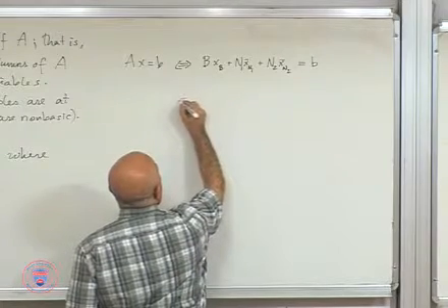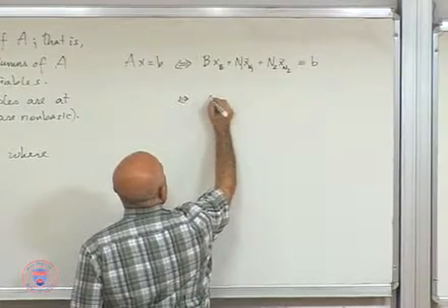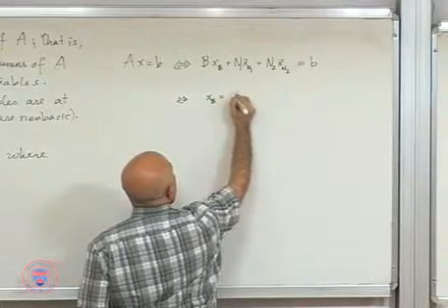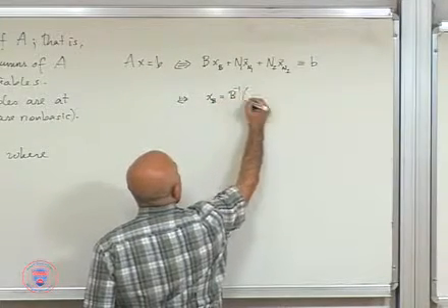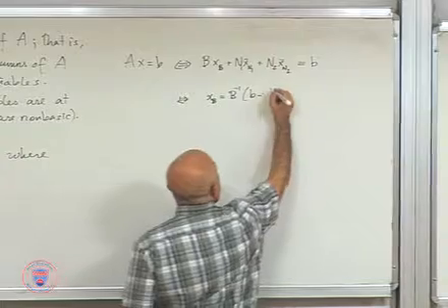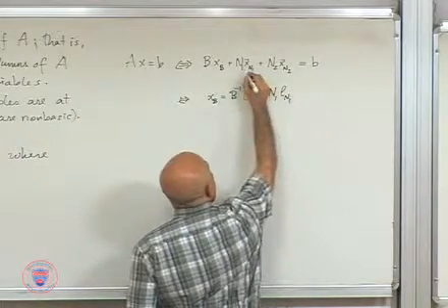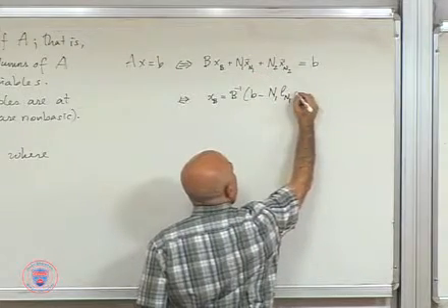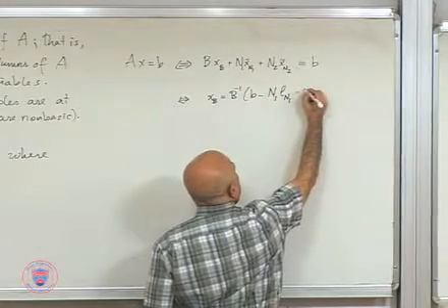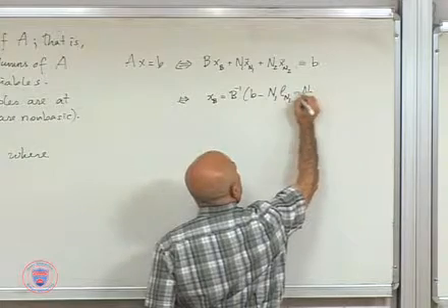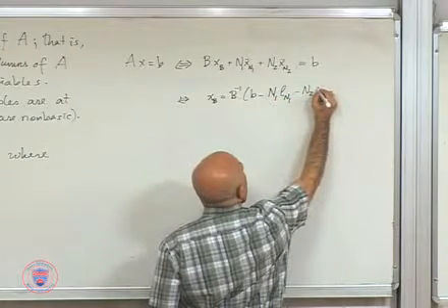And that, of course, tells you that XB is equal to B inverse into b minus N1 ln1. I'm just substituting the lower bounds and upper bounds for the respective variables, minus N2 un2.